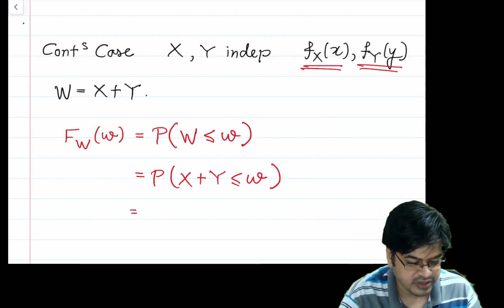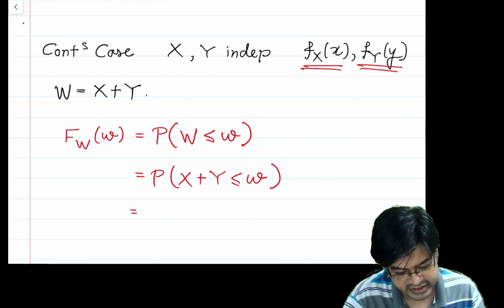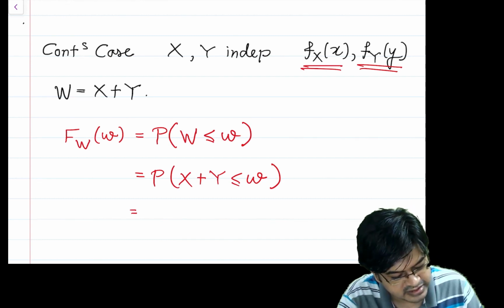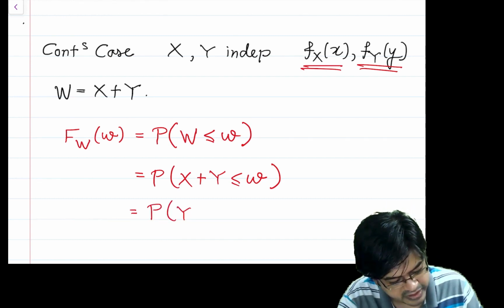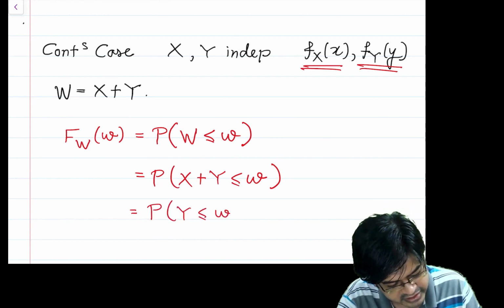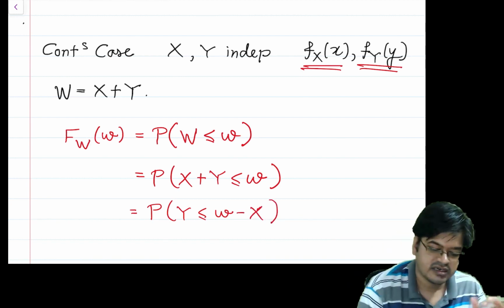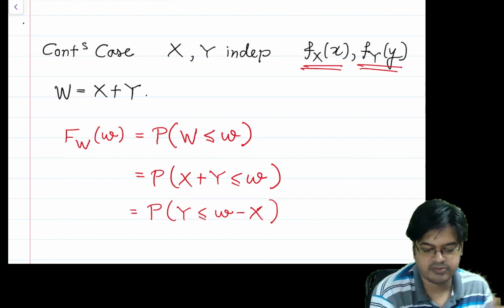Then you simply add or subtract X or Y. So in this case, let us take the probability of Y less than or equal to w minus X. No sign change will happen because X is added and subtracted from both sides.